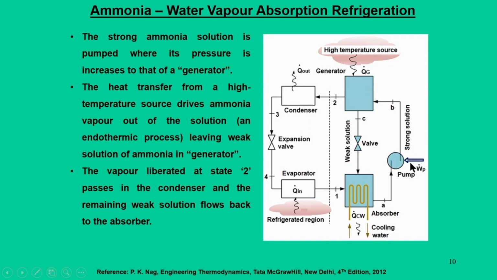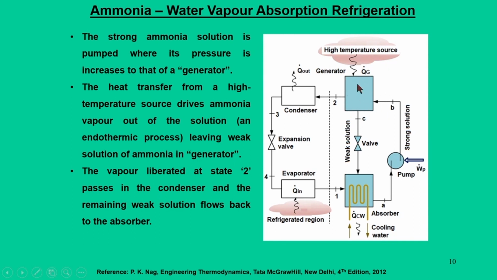There is a pump here, and the pump work gets added, which is minimal work, and the strong solution is fed to the generator. The vapor liberated from state 2 passes to the condenser. Now, what happens in the generator?